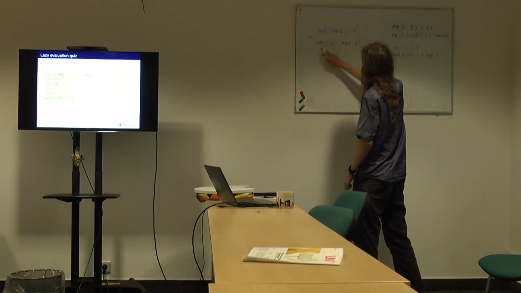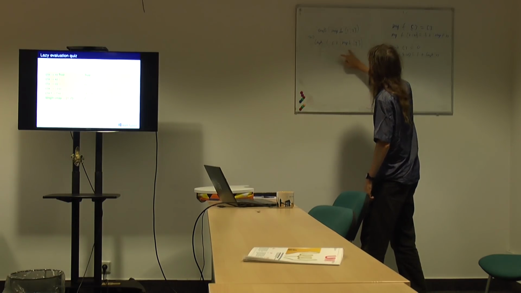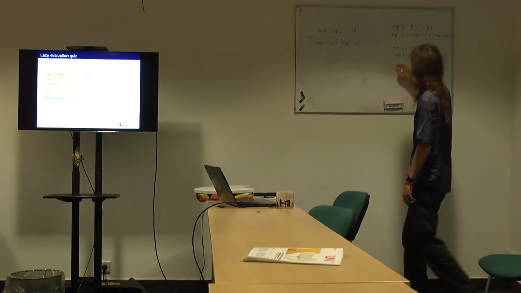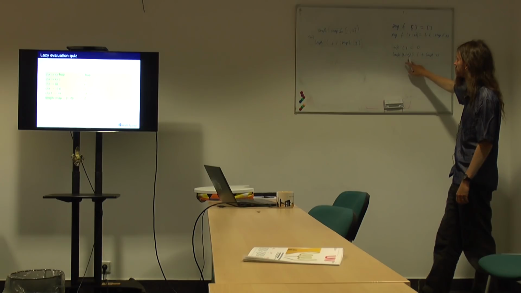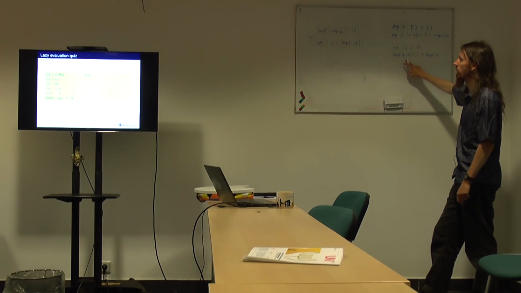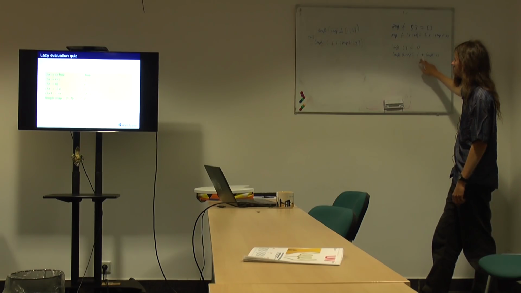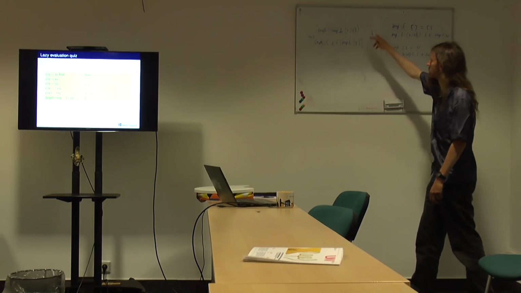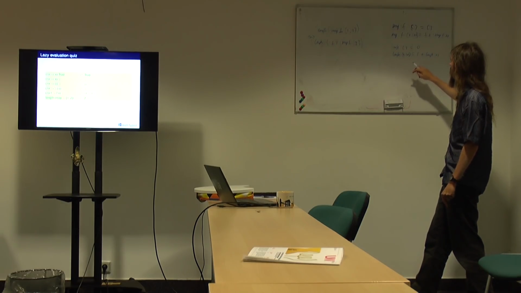Okay, so now this is in weak head normal form, so we can proceed with length, because that was all we needed. The only argument to length needs to be in weak head normal form to distinguish between these two cases. And that's what we got by doing that one reduction there.